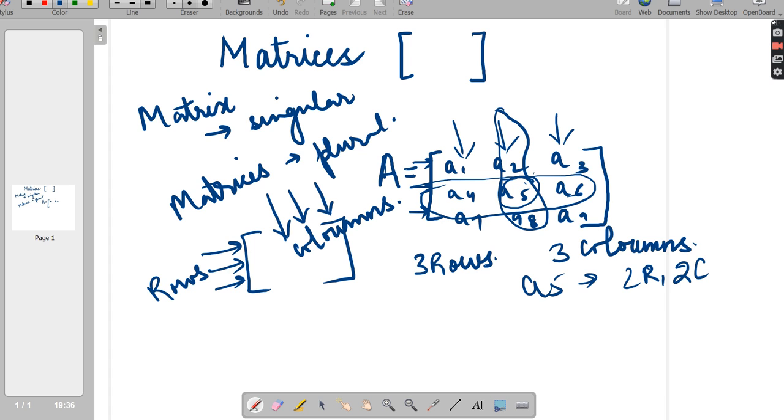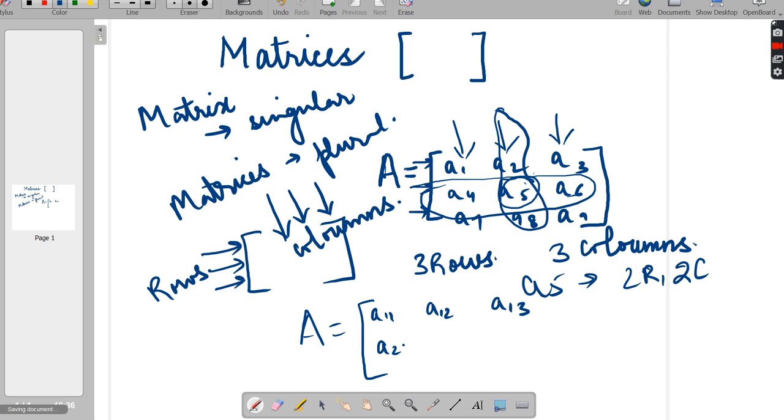So if somebody asks you to pick out a particular object from the given matrix, you can visualize it like this. Or you can also think of it as this given matrix A, this is equal to A11, A12, A13. So this is your ID for this particular element.